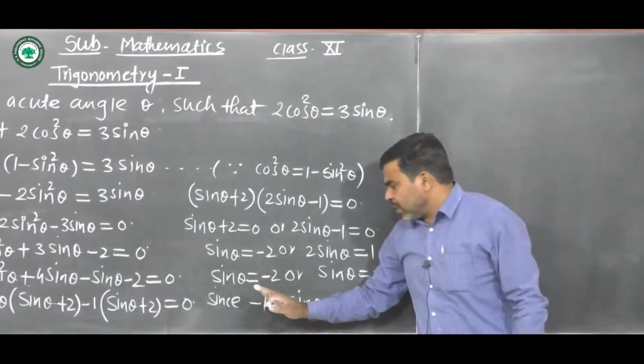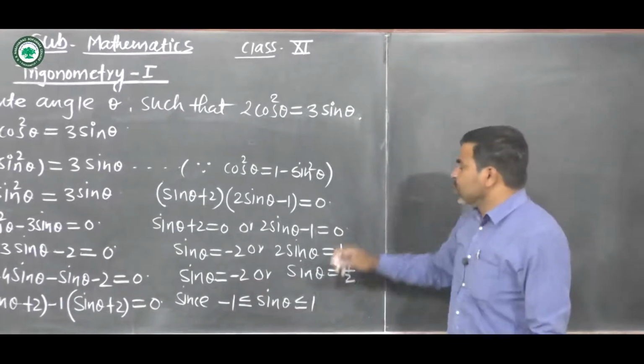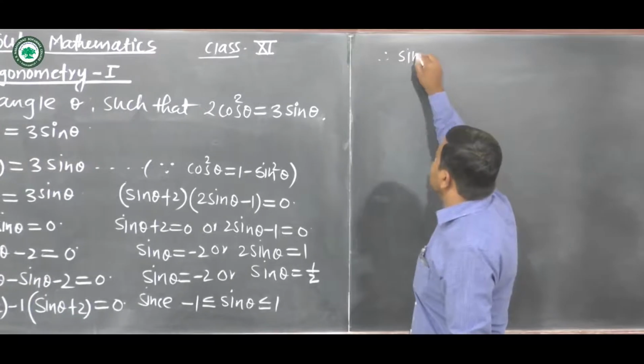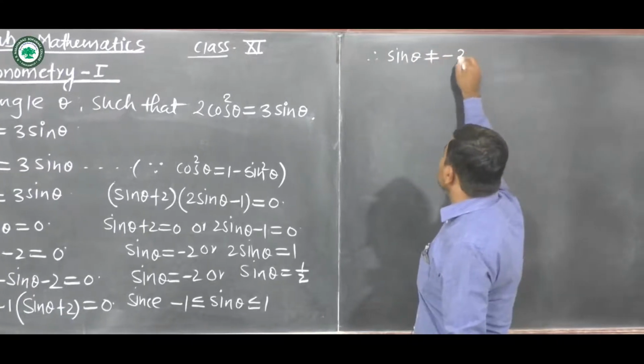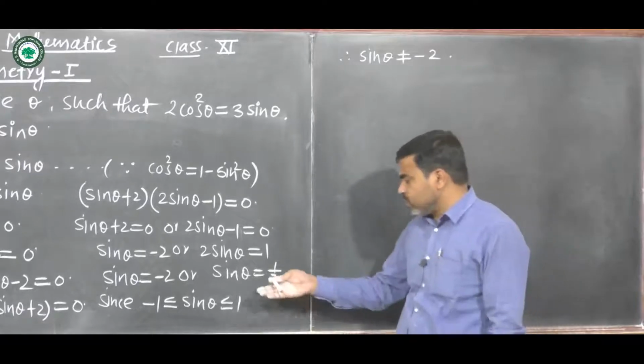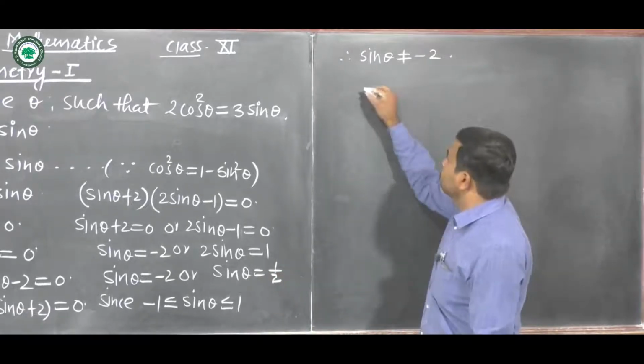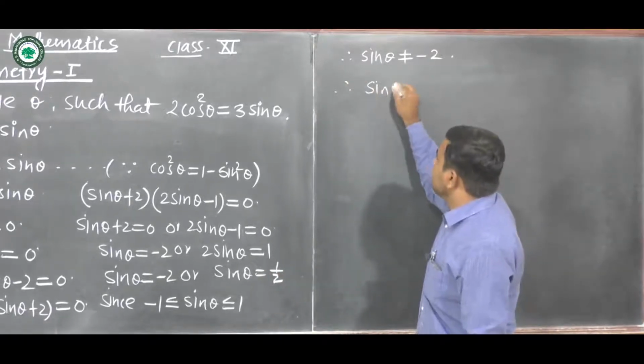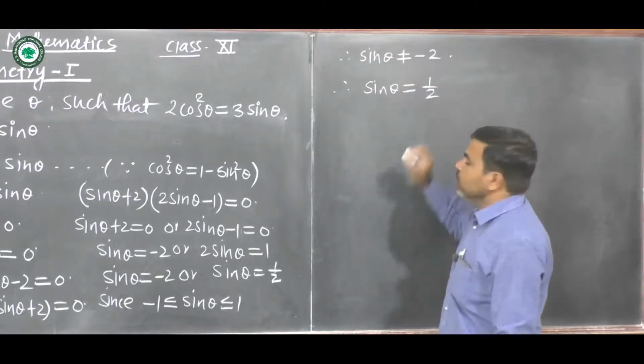Sin theta never takes the value minus 2. Now as sin theta is not equal to minus 2, it means that sin theta is equal to 1 by 2.